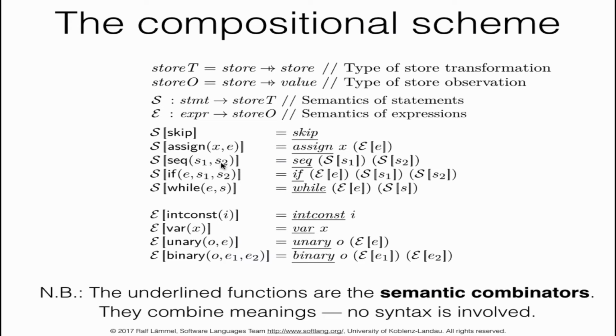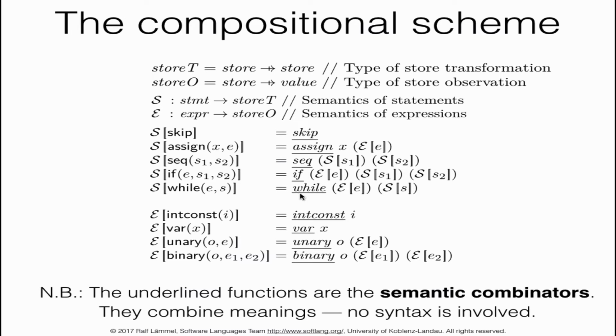So for example, here we have seq. The meaning of a sequential composition is defined by the semantic combinator seq applied to the semantic meanings of the two statements composed by seq.